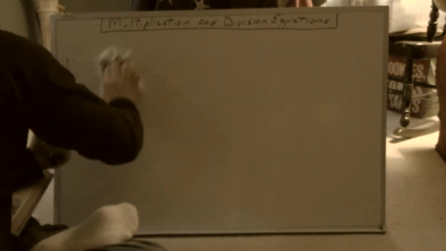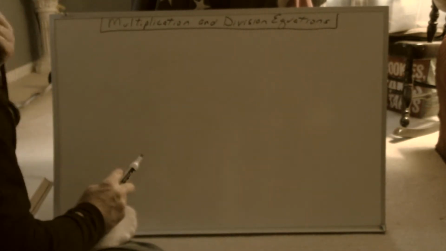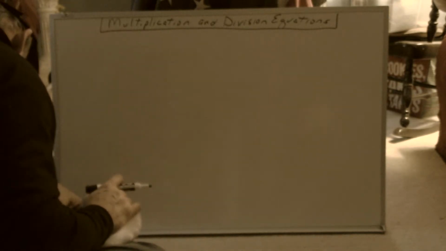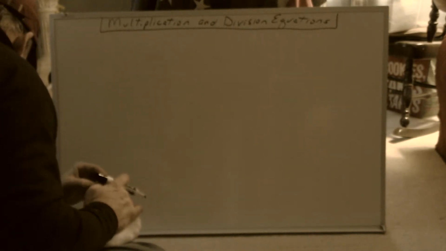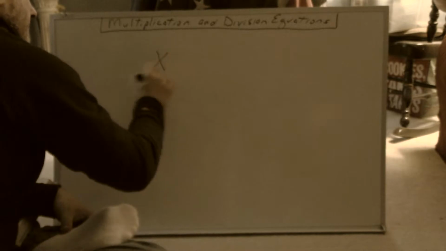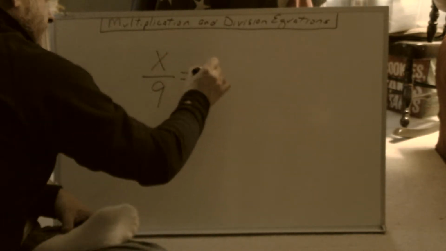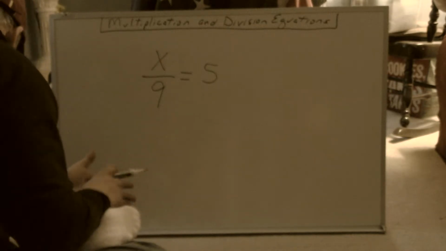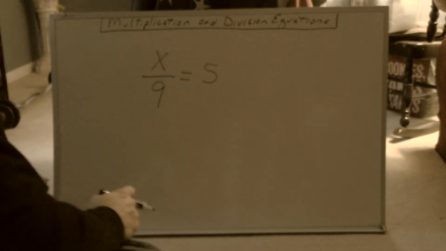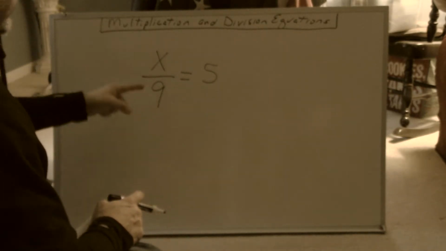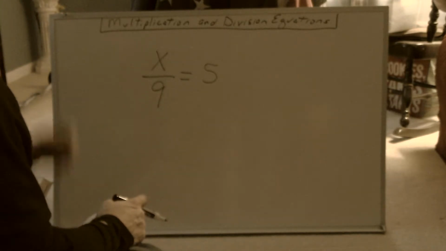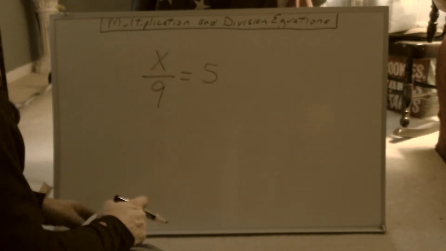All right, now these are some easy ones. Let's do another type now. X over 9 equals 5. Now this says x divided by 9 equals 5. What number divided by 9 is 5?